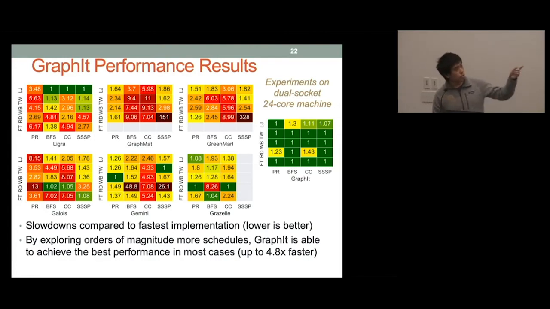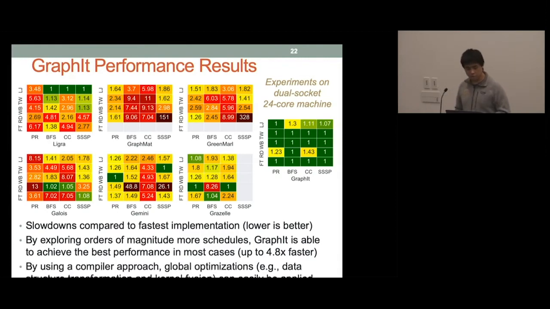One difference between GraphIt and these other frameworks is that GraphIt has a compiler, whereas the other frameworks are libraries written in C++. So some of these optimizations would be pretty complicated to implement inside them, and it would be pretty tedious for the programmer to do all of these code transformations.